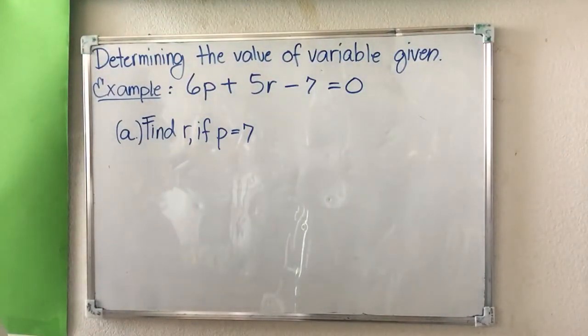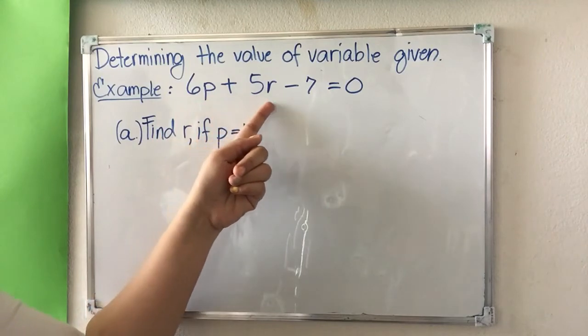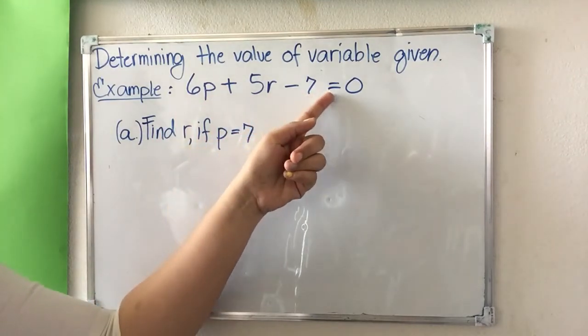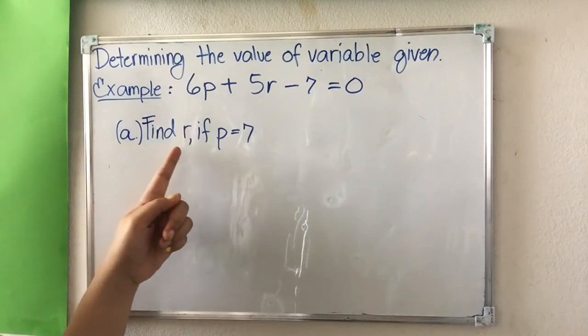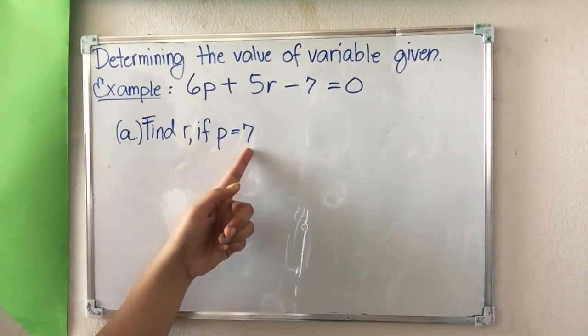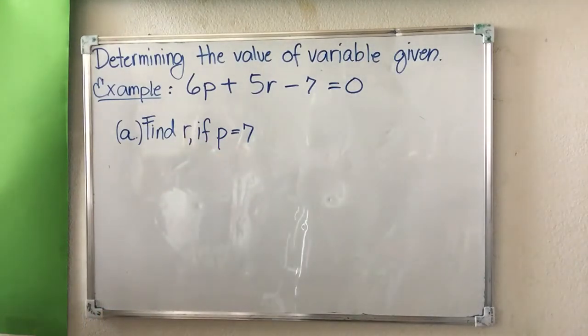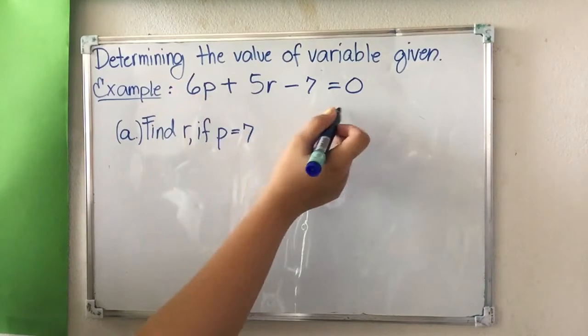Alright, so another example. I have here 6p plus 5r minus 7 is equal to 0. So find r if p is equal to 7. Again, what are we going to do? First, substitute the value of our p, but first we have to copy this one.